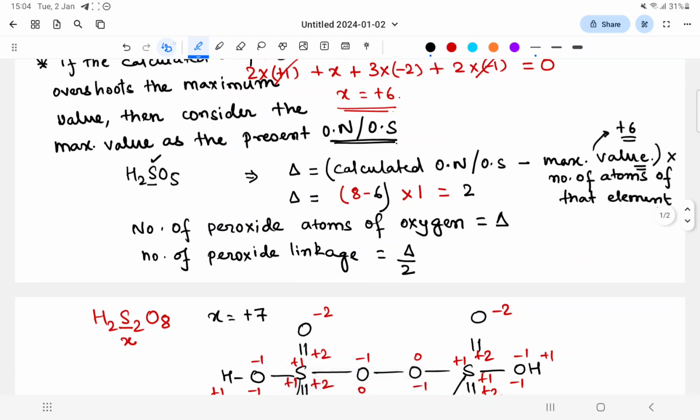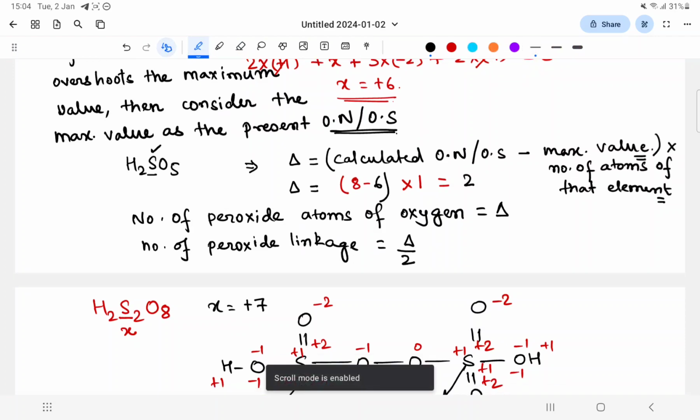Now tell me the formula that I have told you, how to find delta. Can everyone recheck the formula fast and tell me that delta is equal to the calculated oxidation state minus the maximum value, which in the case of sulfur is +6, into the number of atoms of that particular element. That will give you the value of delta, and the number of peroxide atoms of oxygen will be delta, and the number of peroxide linkages will be delta by 2, making it that easy.